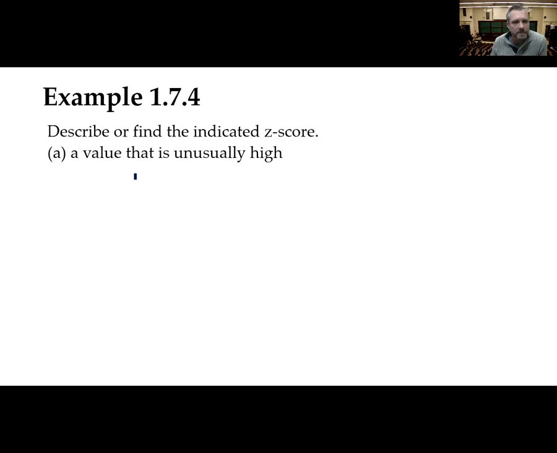Well, unusually high means that the value has to be greater than the mean plus 2 standard deviations. Well, that means any value that's unusually high is going to have a z-score greater than 2.